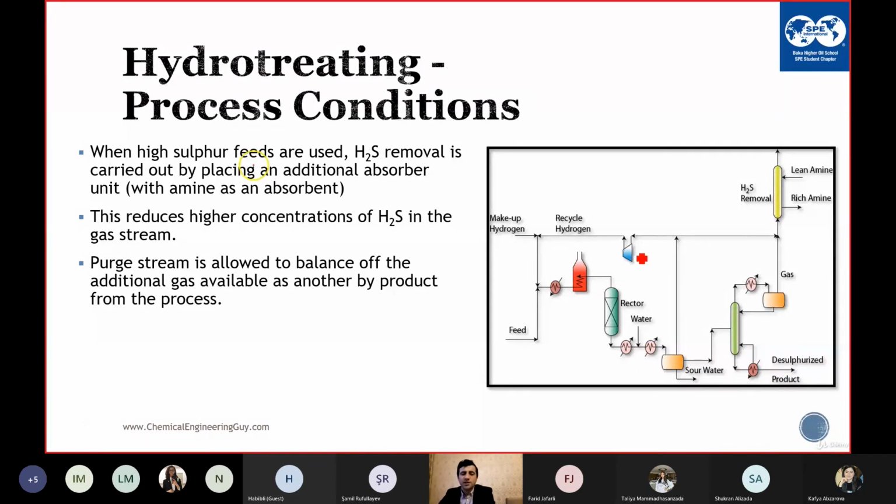So it means that if you have too high H2S sulfur in your product, you have this H2S removal column. But if you see that sulfur content is not that much in the feed, then you don't need the H2S removal column.